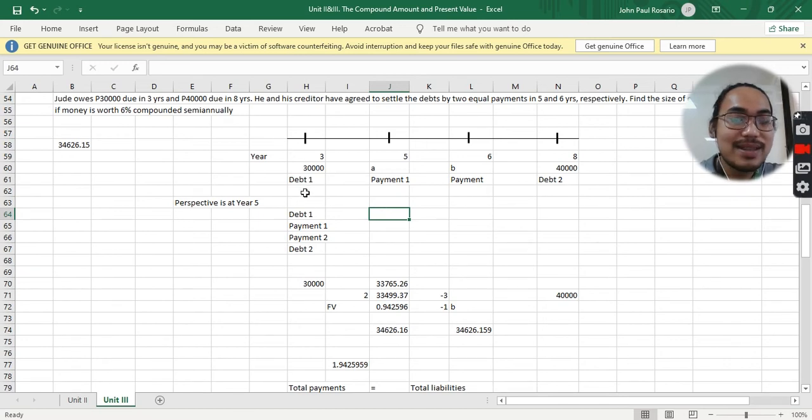So here, for debt 1, this will be a present value, and this will be a future value. So you want to translate your present value of 30,000 to a future value at year 5. Because we have to express these values towards year 5.